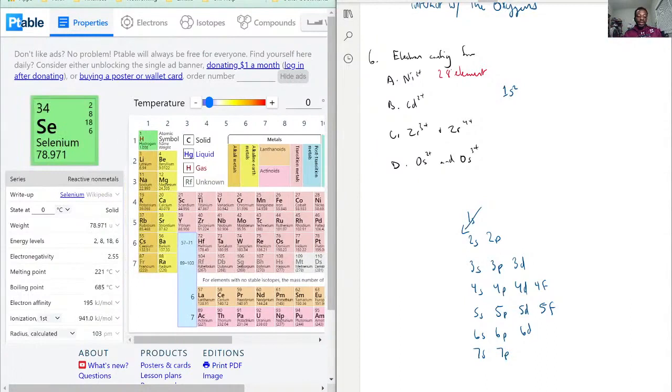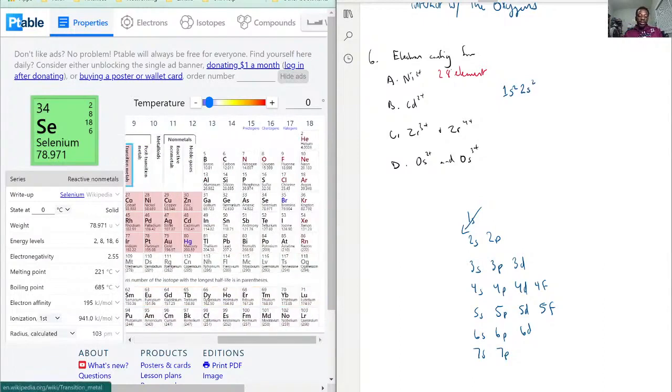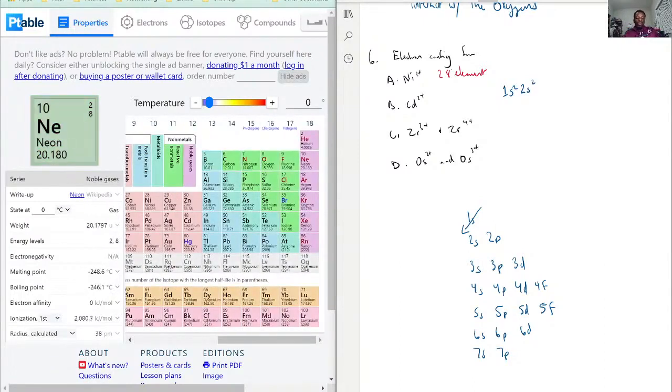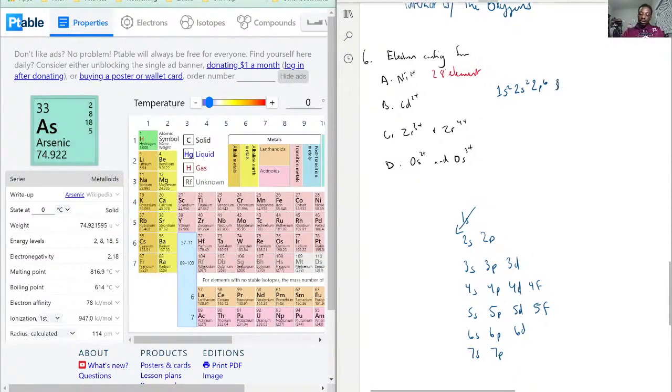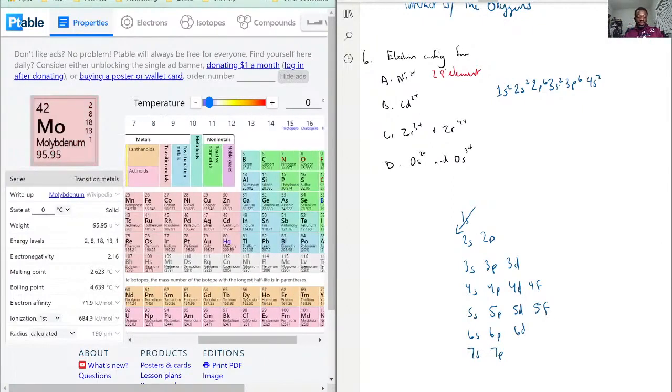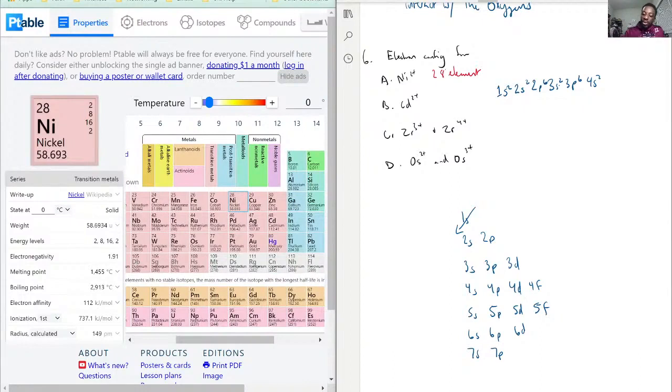Now we have 2s2 for lithium and beryllium, and then the p shells, starting from boron to neon, columns 13 through 18 excluding helium, is where the p orbital is going to be, so it'll be 2p6. Then we have the same 3s2, followed by 3p6, and now we have 4s2 followed by 3d8.